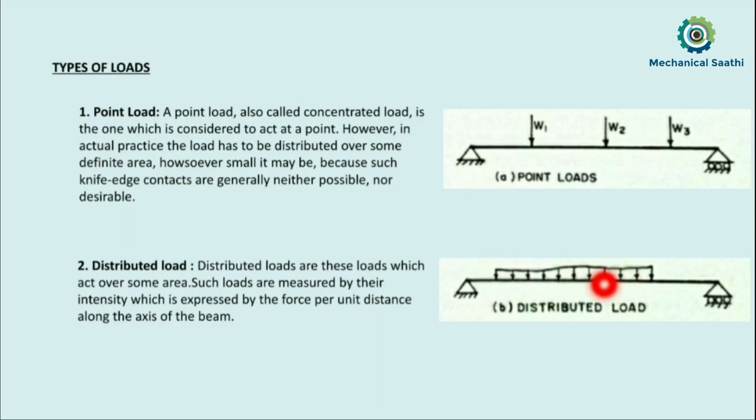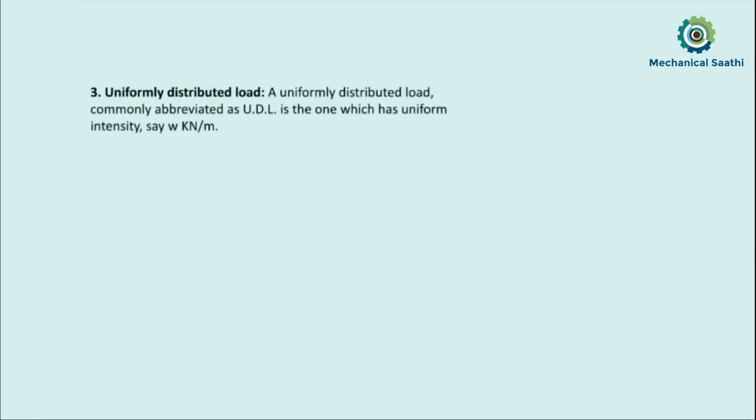But let us now discuss the uniformly distributed load. The uniformly distributed load, abbreviated as UDL, is the one which has uniform intensity throughout the length. It is expressed in kilonewton per meter. Let us see the diagram.